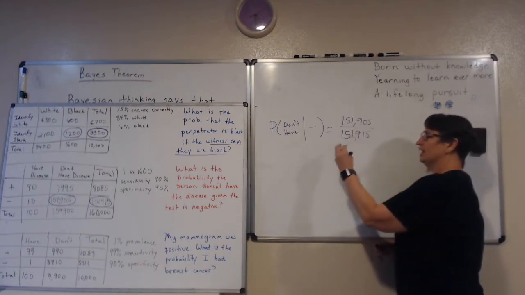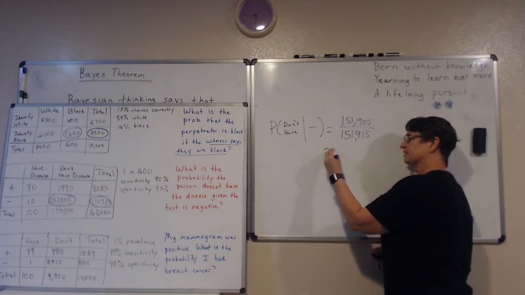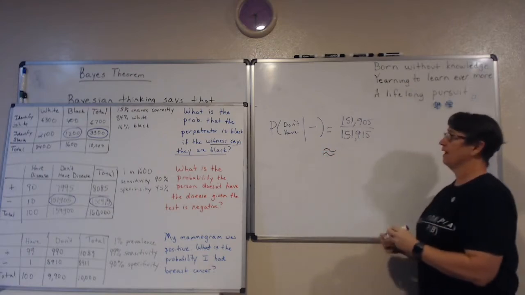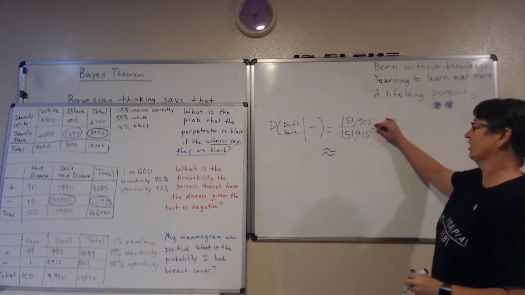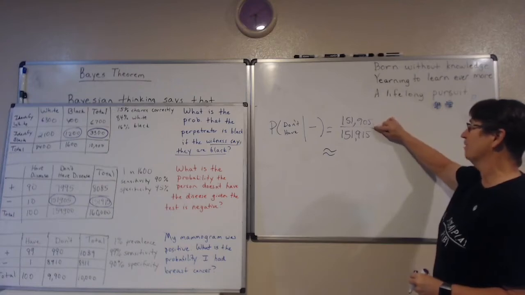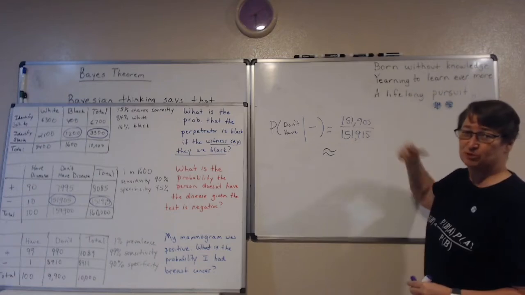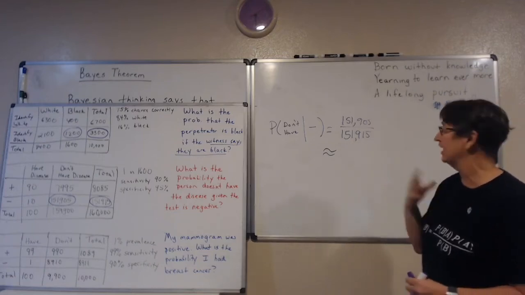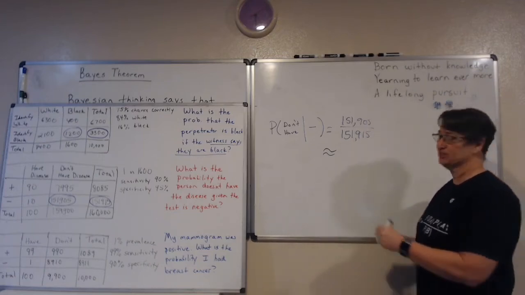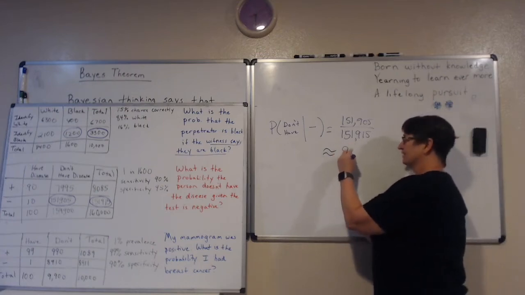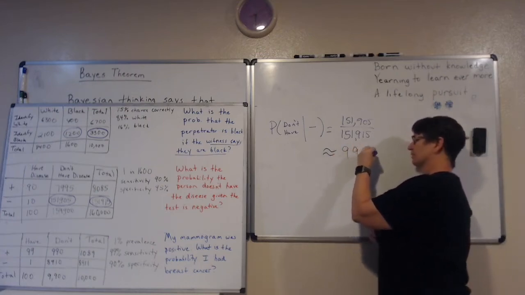Just tell me what that percent is. Those look really close to one another. This number is almost the same as that number. Without a calculator, I would say this is approximately 99%.